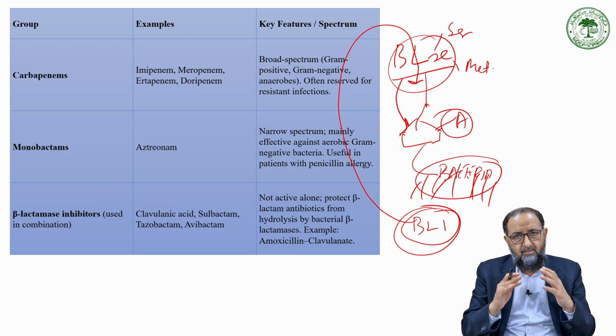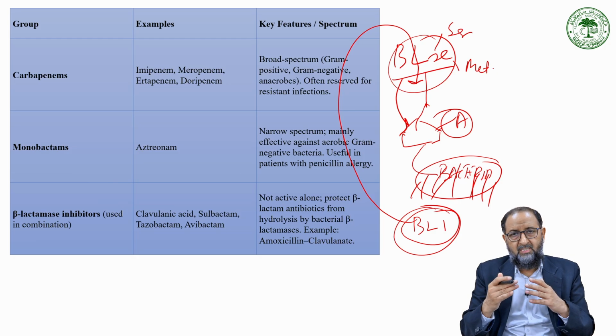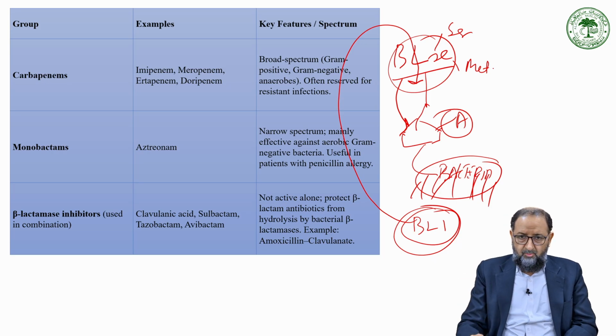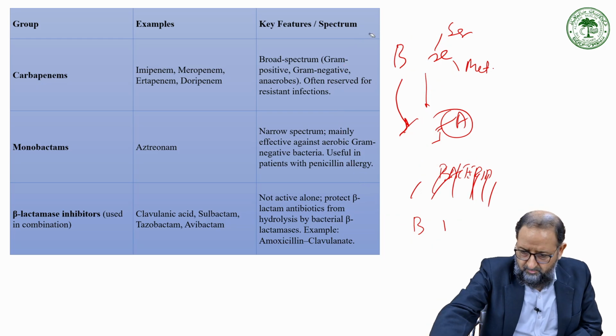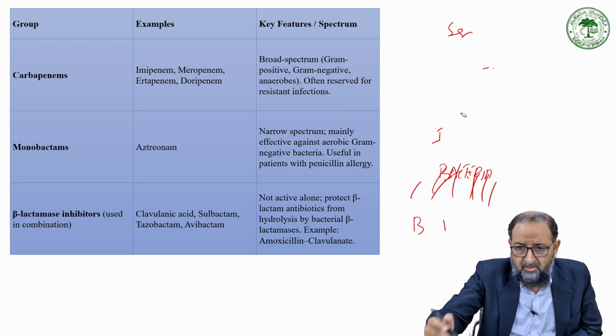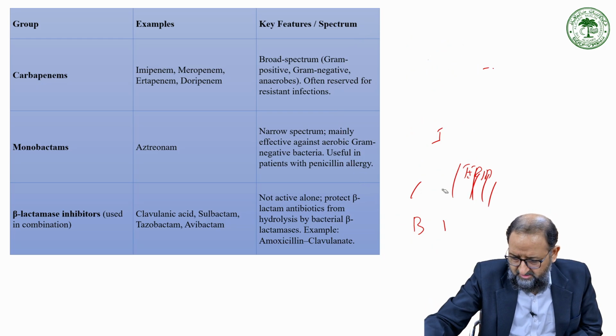So when it protects the beta-lactam ring through inhibiting the beta-lactamase enzyme, it makes the antibiotic more efficient to kill the resistant bacteria. They are non-active alone, right? And this is how it protects against the beta-lactamase enzyme.